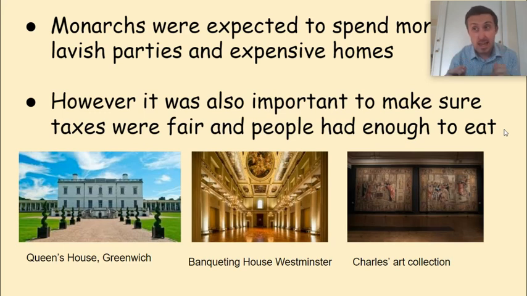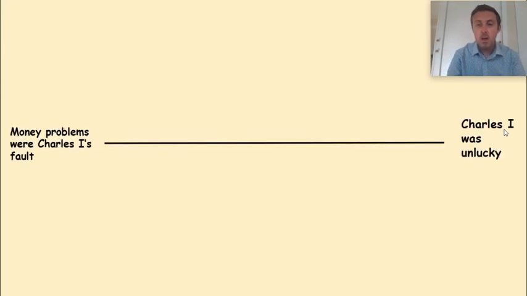So you can see how this down the line is going to create significant tension between Charles and, do you remember which group are responsible for taxes? Parliament.